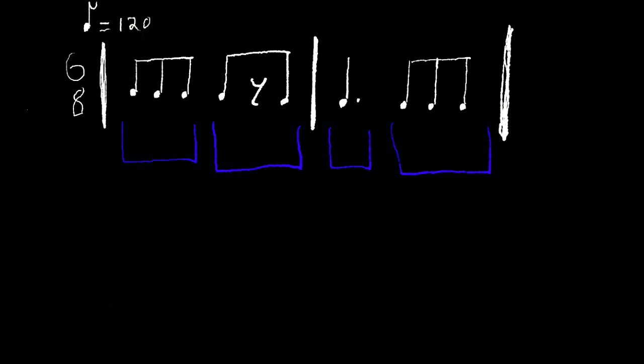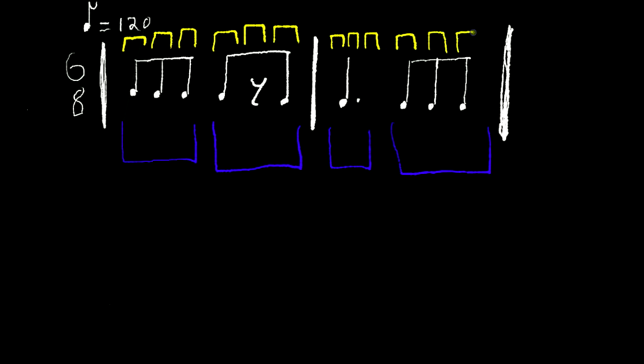And then the little beat I'll do in yellow. So the little beats are just all of the individual eighth notes. You'll sometimes hear this referred to as the subdivision. And then we've got 3 of these over that dotted quarter. Then we've got 1, 2, 3 right there.